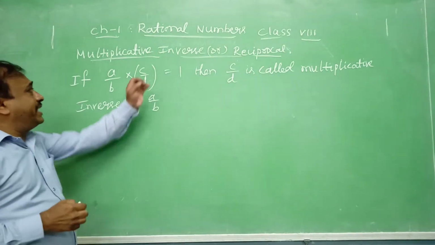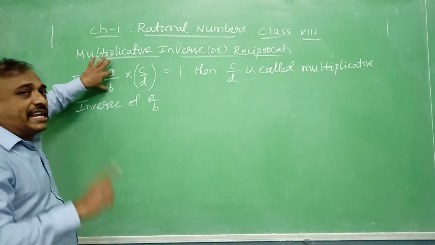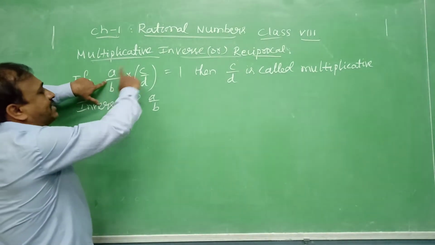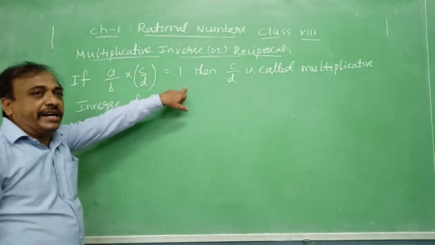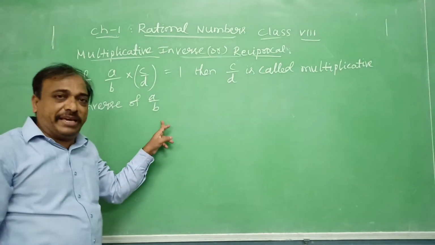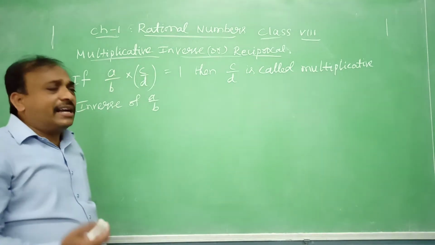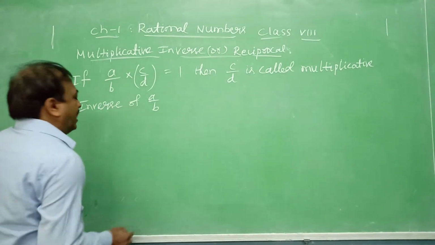What exactly is the meaning? a is the numerator, b is the denominator, a by b is a rational. So the product of this into this is equal to 1. Then c by d is called the multiplicative inverse of a by b, and also a by b is the multiplicative inverse of c by d. It's nothing but the reciprocal.